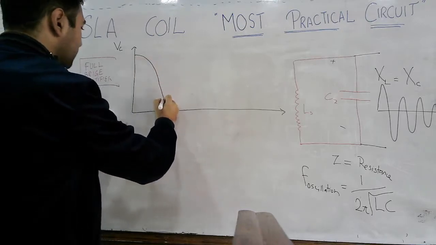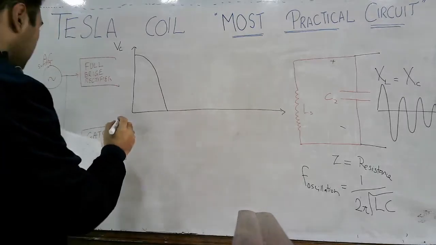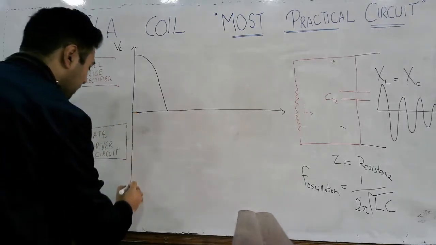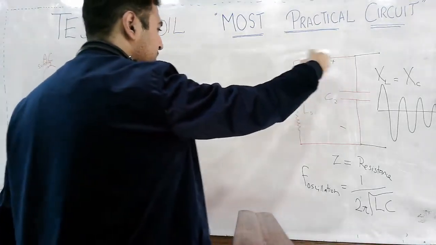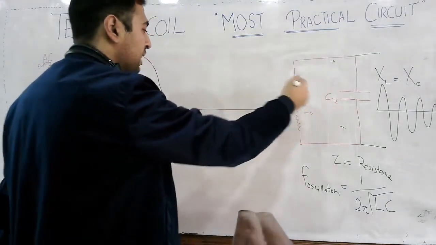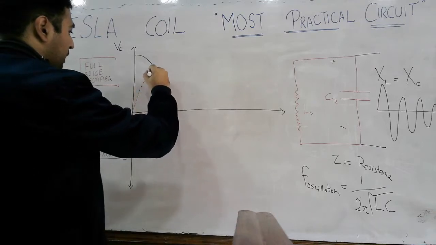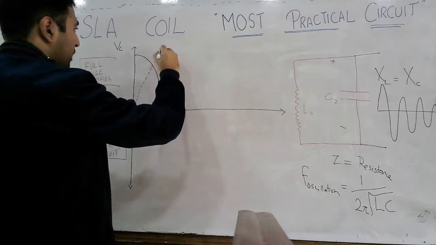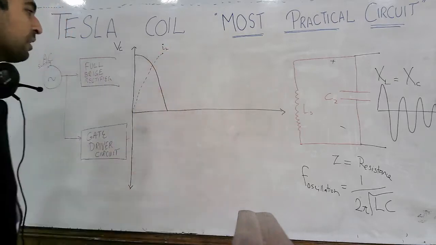So, what's happening is that the inductor current is going to increase. Obviously, when the capacitor is discharging, the current from the inductor starts and the inductor current is rising in this way. Now, this is the IL waveform. The dotted waveform is representing the inductor current.